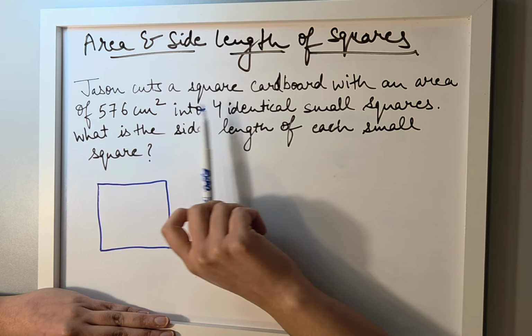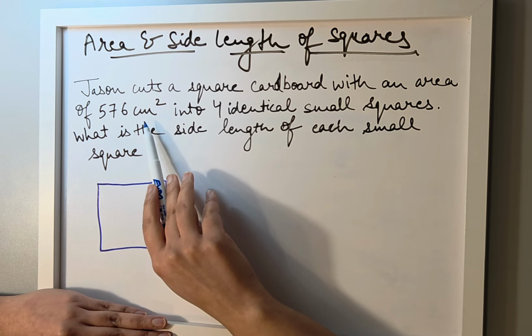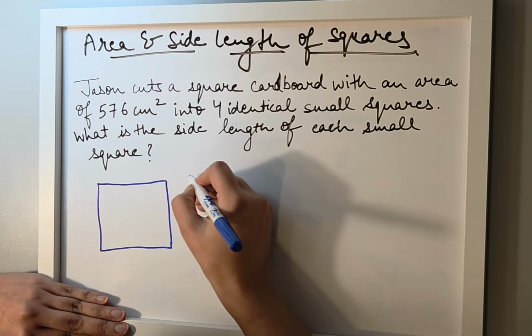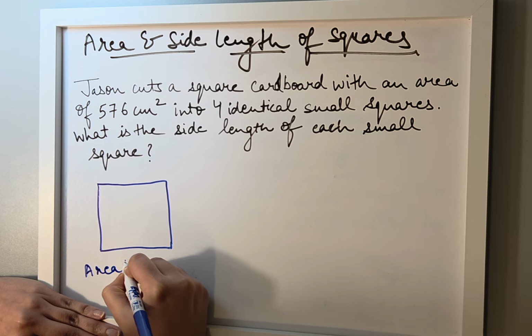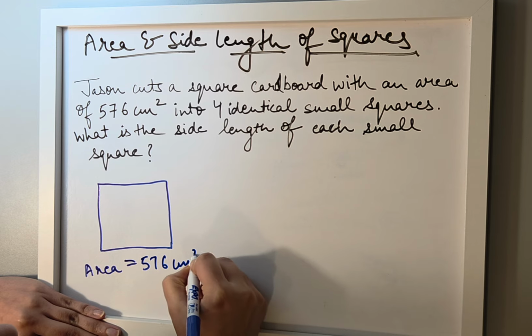Okay, so Jason cuts a square cardboard with an area of 576 centimeters square. So we know the area has been given to us as 576 centimeters square.